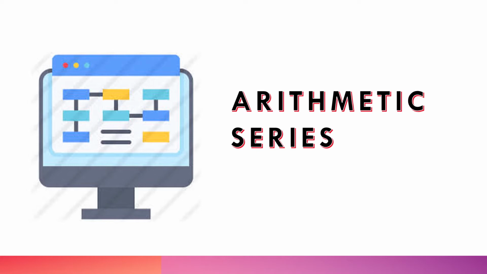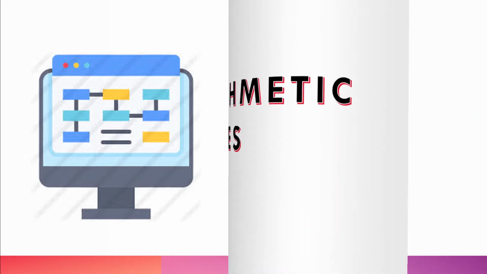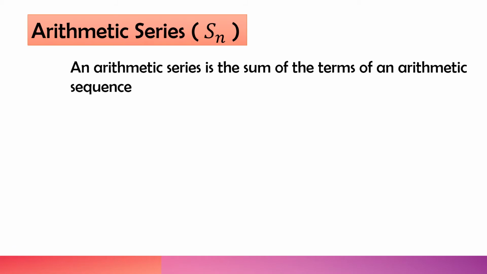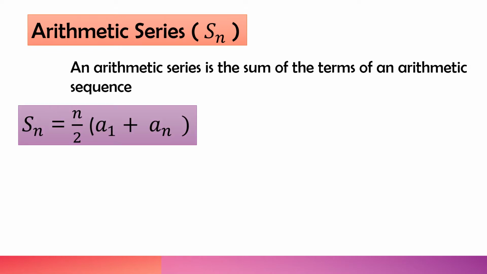What is an arithmetic series? An arithmetic series is the sum of the terms of an arithmetic sequence, which is given by the formula S sub n is equal to n over 2 times the quantity a sub 1 plus a sub n.